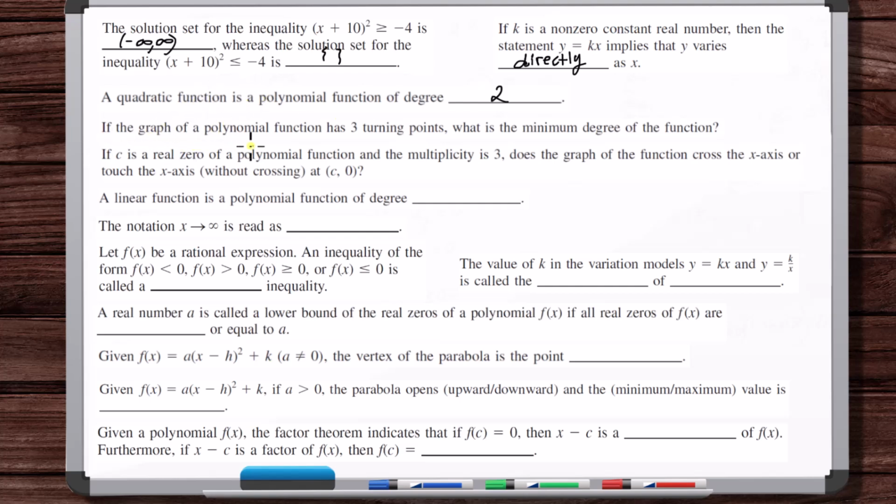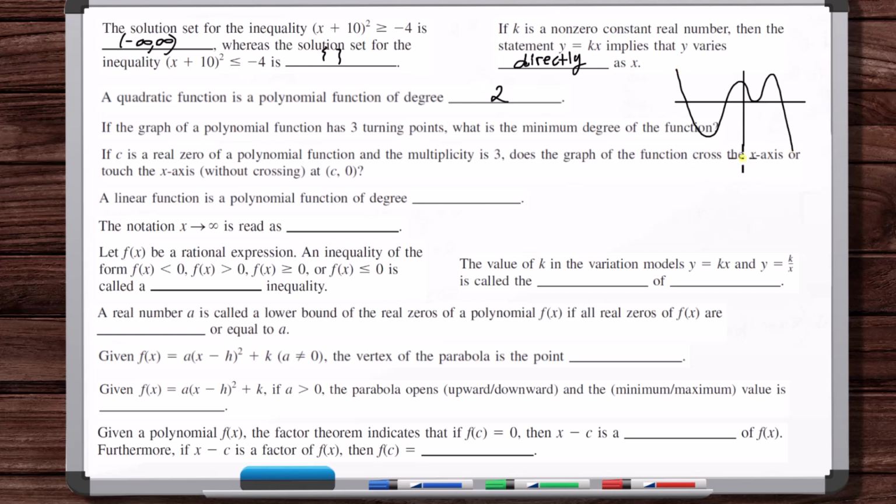If the graph of a polynomial function has 3 turning points, what is the minimum degree of the function? Well, we know that if we take the degree and subtract 1, that's the maximum number of turning points a polynomial function is going to have on the graph. This is not talking about bouncing off the axis. They're not considering that a turning point. They're talking about these, each of which would be a turning point.